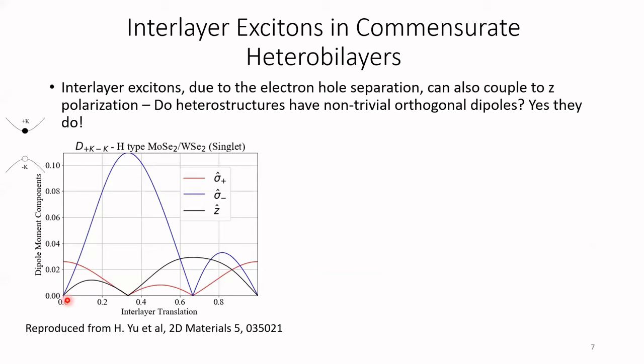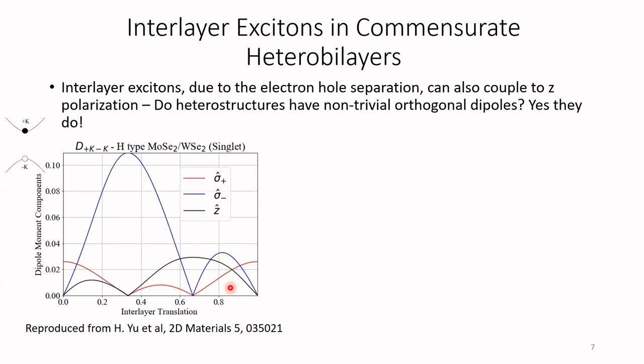You can see, as a function of the interlayer translation, for one of the excitons in an H-type heterostructure, that the z part of the dipole moment isn't zero everywhere. And so that is encouraging.